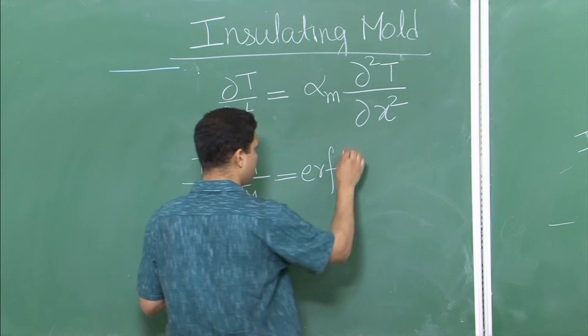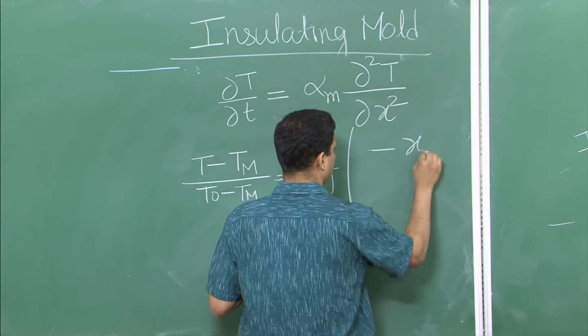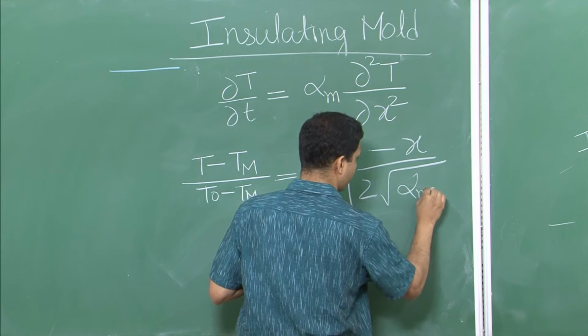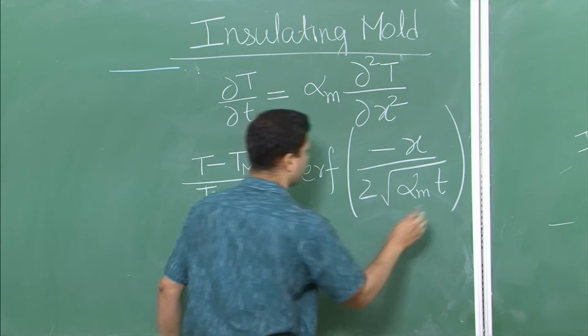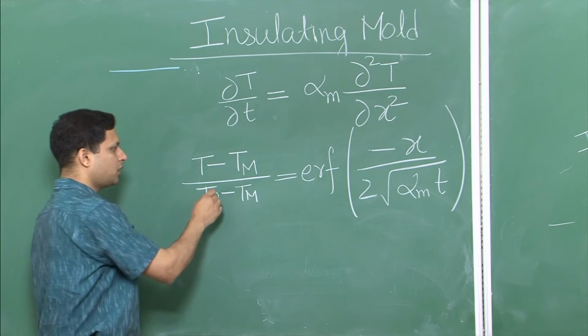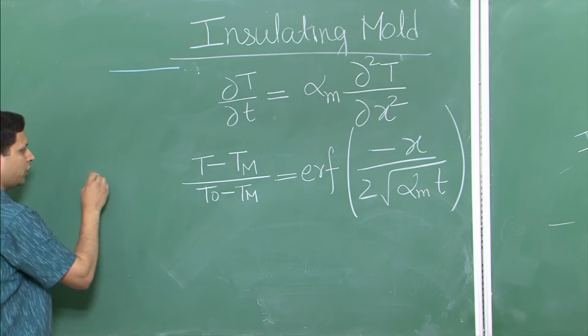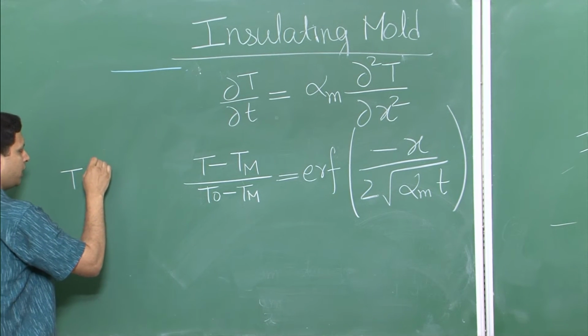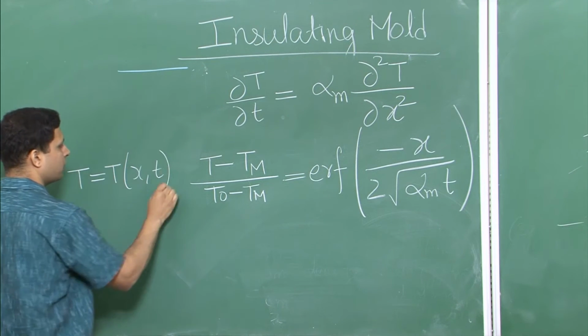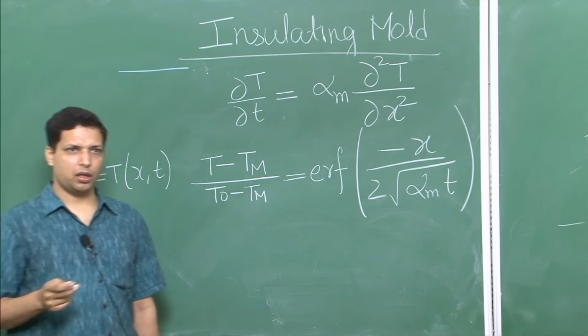ERF is the error function. So this is the final equation, and what we are getting is T as a function of x and t, which is what our initial goal was.